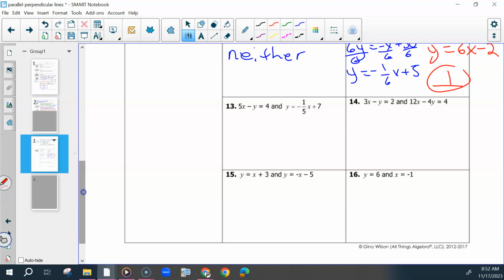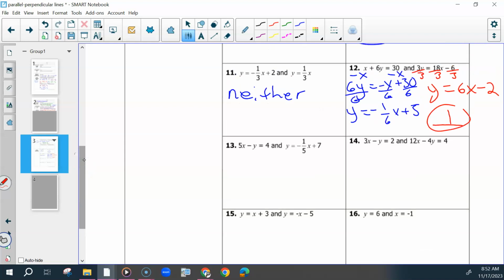Are those parallel, perpendicular, or neither? These ones are perpendicular. This one is not like the other because 1 over 1 is just 1 and -1 over 1 is -1. So these are negative reciprocals of each other. These are perpendicular.